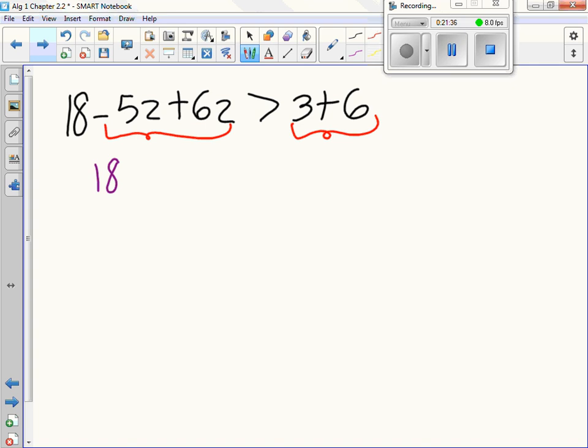What is negative 5 plus 6? It's just 1, yes? So I'm left with plus z is greater than 3 plus 6. 3 plus 6 is 9, yes?